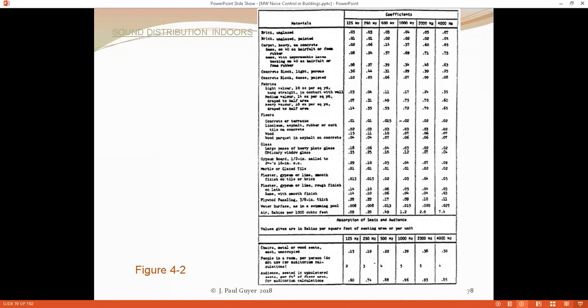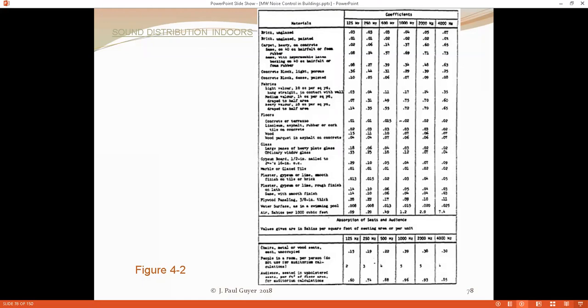For a given building material, like say chipboard, chipboard will reduce the sound a certain amount at one frequency, say a low frequency, and something different at a high frequency.